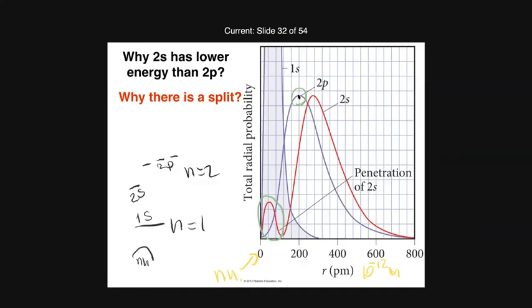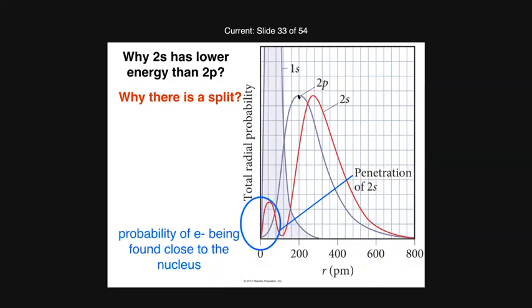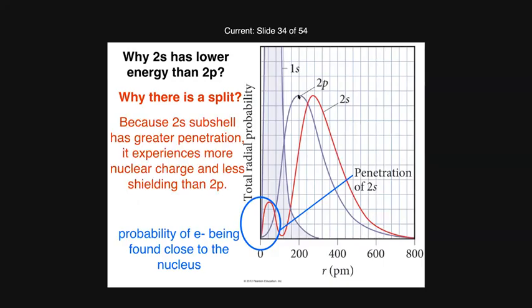All right, so let's take a look at the summary of this if you want to write this down. This little bump right here is the probability of finding the electron that close to the nucleus. So the reason for the split is that the 2s subshell has greater penetration and is therefore going to experience more nuclear charge and less shielding than 2p.